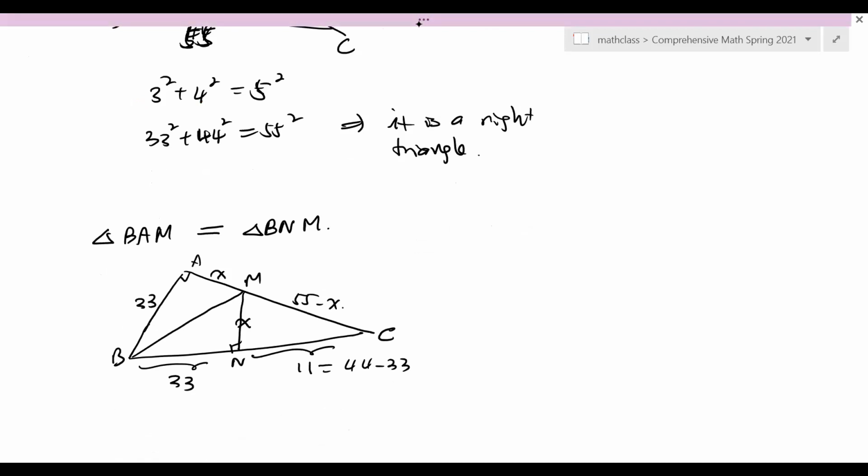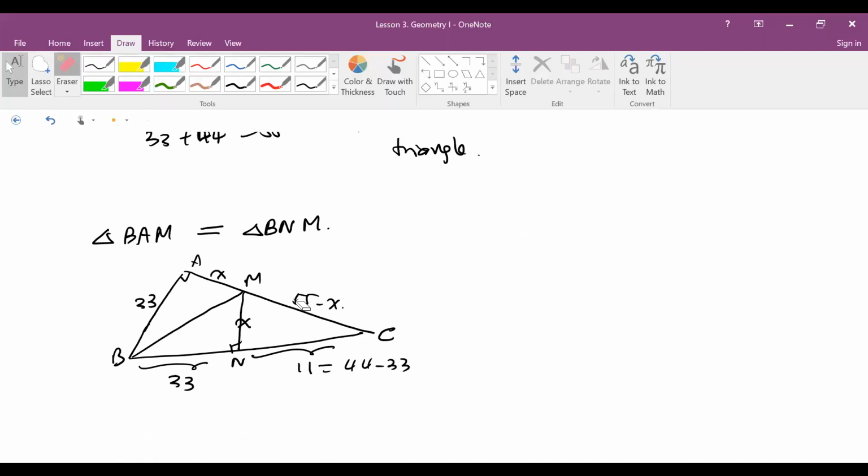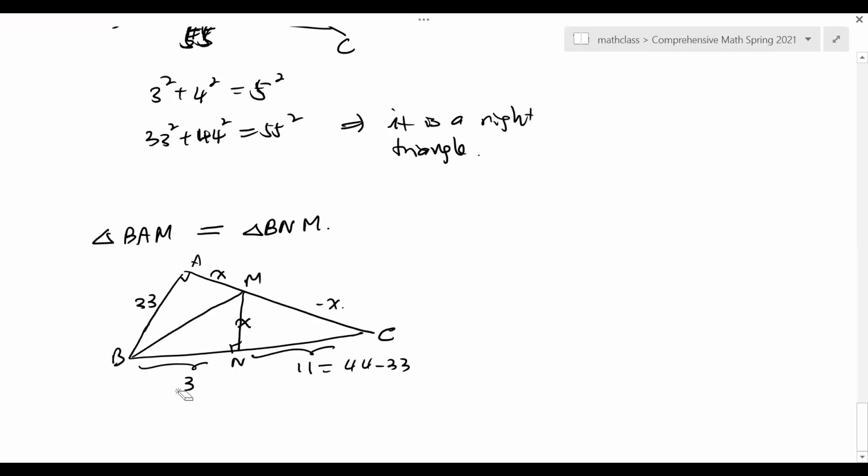At the very beginning you don't know, you just put the 3 sides there. Now it's clear. So this side must be 44 minus x, and here is 55, so it's 22, which is 55 minus 33.